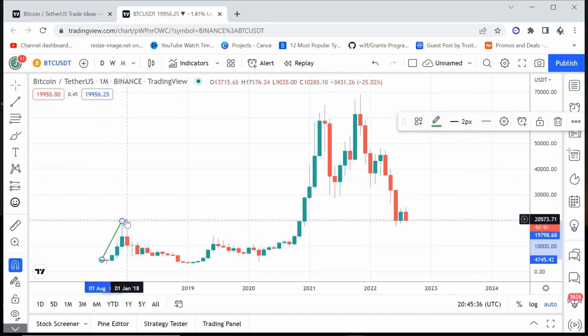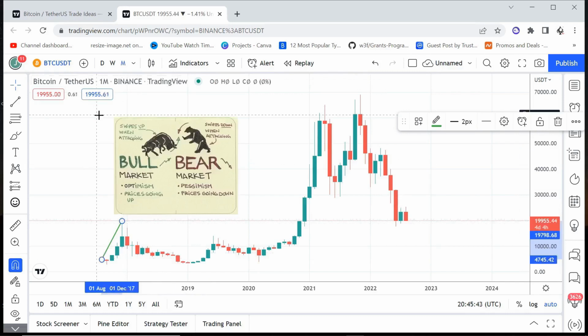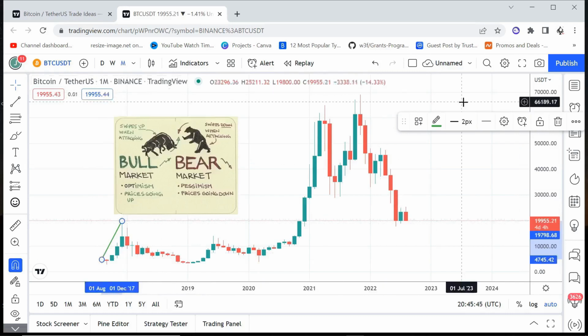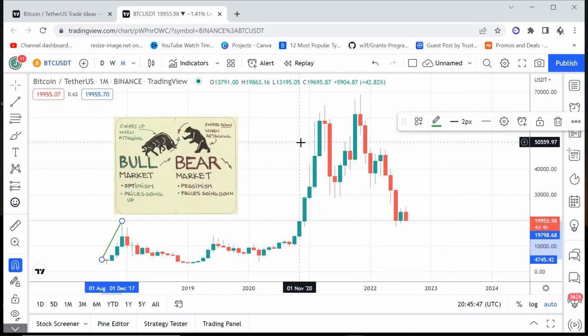trend. Okay, so let me just take a minute to talk about bulls and bears. In forex as a whole, we have the bulls and the bears. So the bulls are the people that believe that the price is going to go up, while the bears are the people that believe that the price is going to go down.